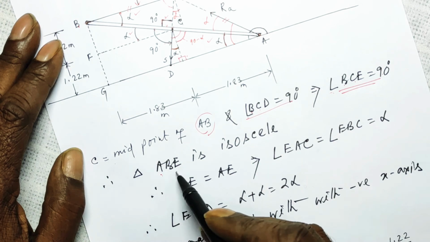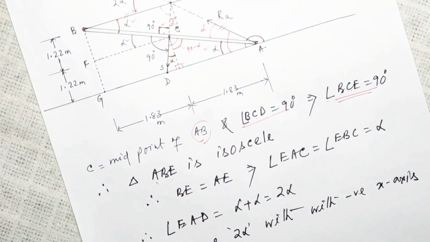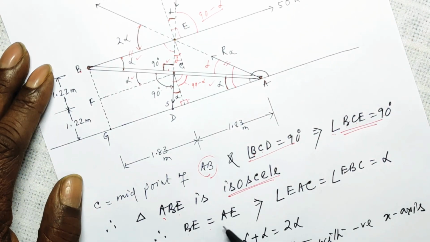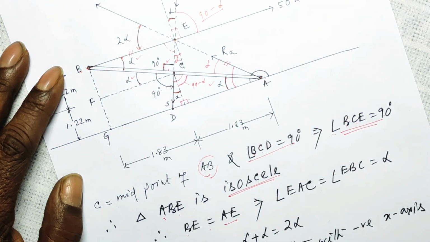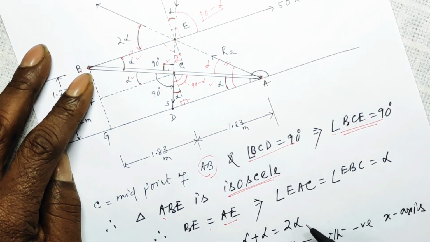Therefore the triangle ABE is an isosceles triangle. Therefore the sides BE and AE are equal, so the angles facing these sides must be equal.